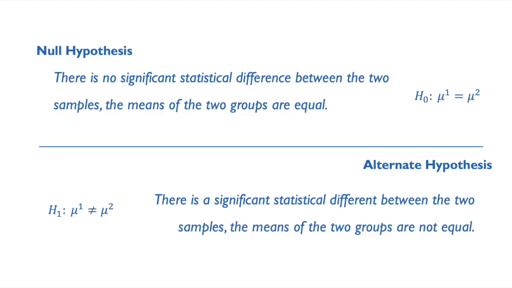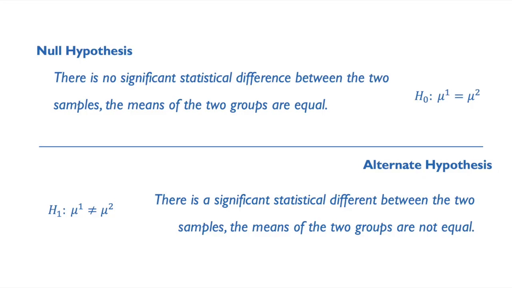So now that we have our data set for the t-test, let's talk about our hypotheses. So the null hypothesis states that there is no significant statistical difference between the two samples, and those samples are going to be group 1 and group 2.